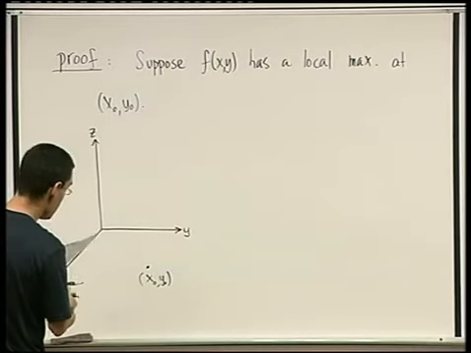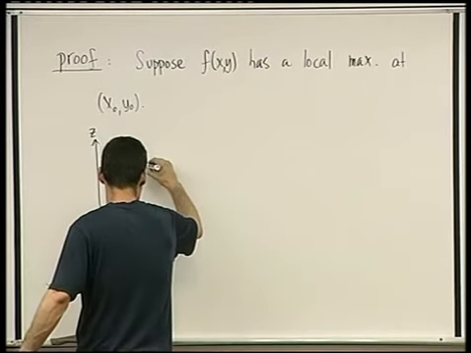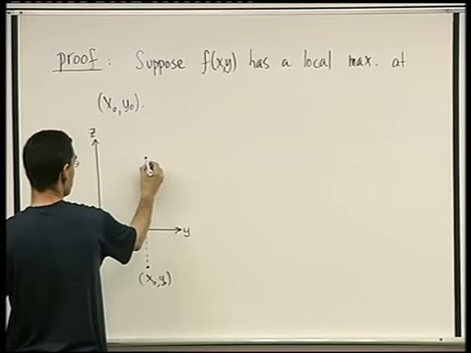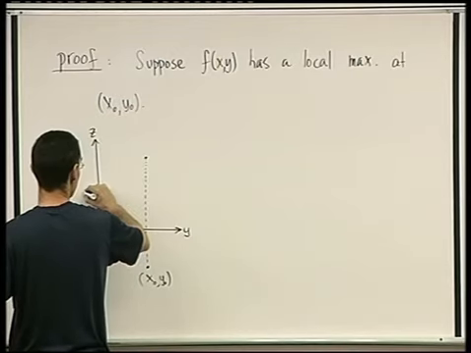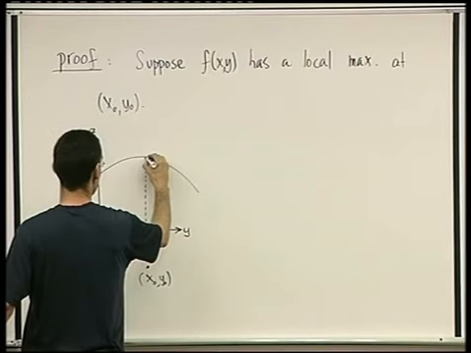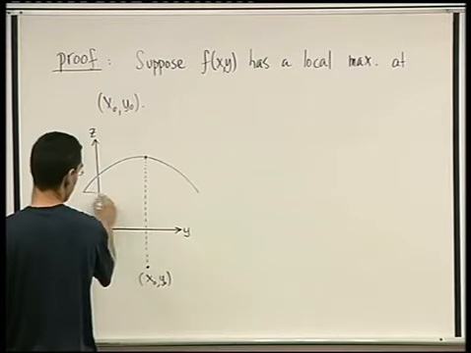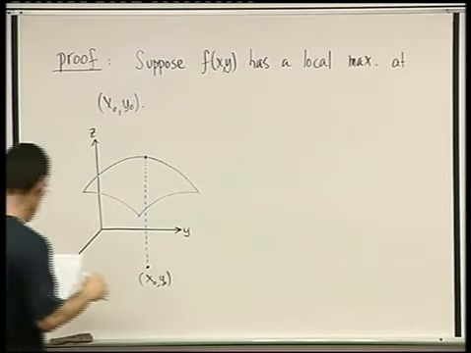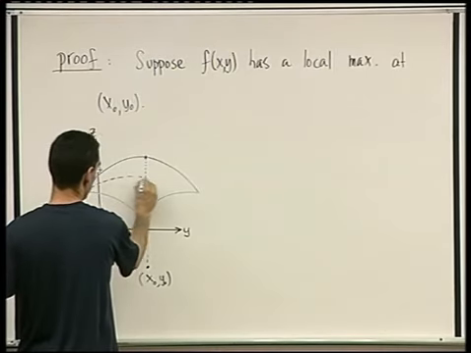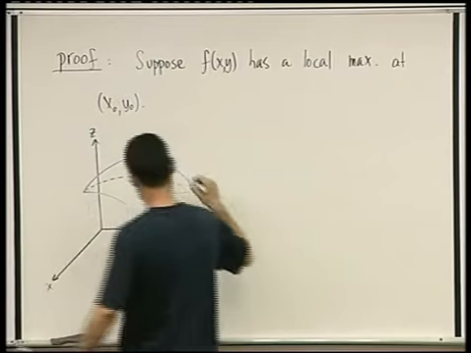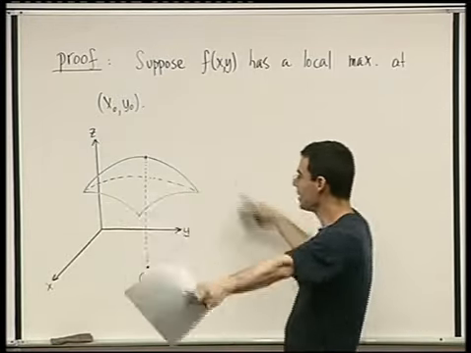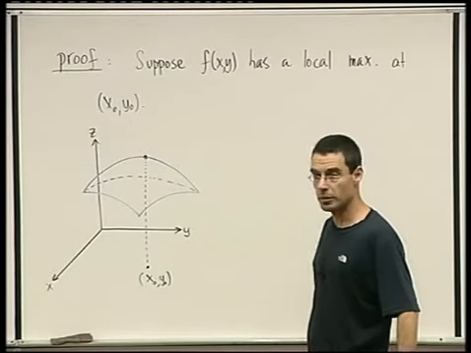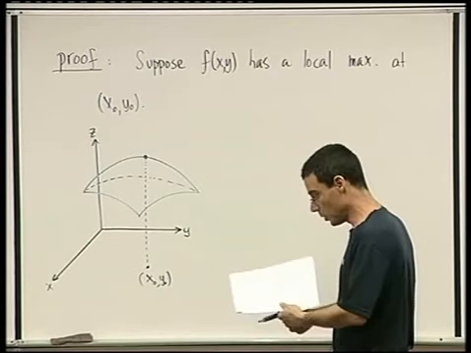So the graph is going to have that local maximum, and it's going to look something like this. It's a three-dimensional graph, but there's also stuff back here. Clear? So do you see this tent here, and the peak is precisely above x0, y0. So this is the local maximum.